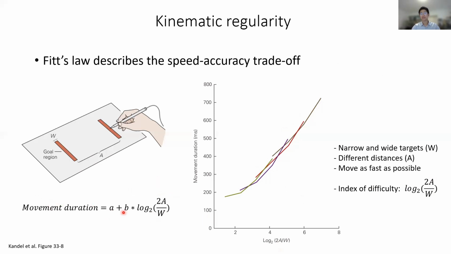With A and B, it can be fitted by regression of this model, and this equation is usually referred to as Fitts' law. Here it's more like the cognitive planning of the timing of the movement and how accurately you arrive at the target.